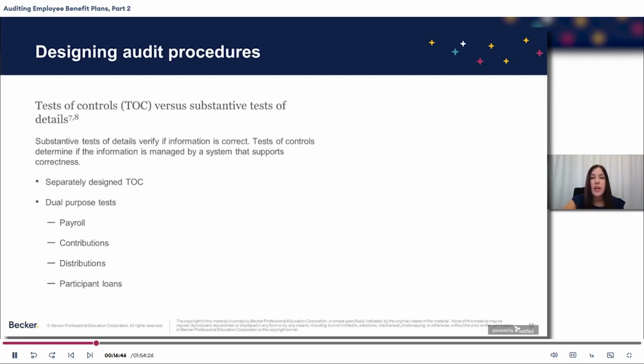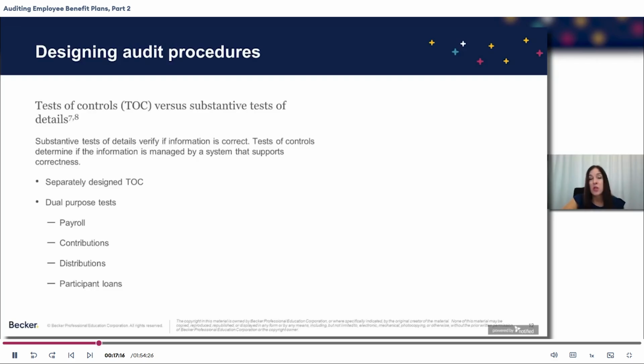These are a few areas where you may be able to incorporate a dual purpose test on an EBP audit in regards to payroll, contributions, distributions, and participant loans. For example, for your payroll and/or contribution testing, you could perform a dual purpose test in that you test the payroll amount to ensure that the amount the participant was paid is what they were supposed to be paid.